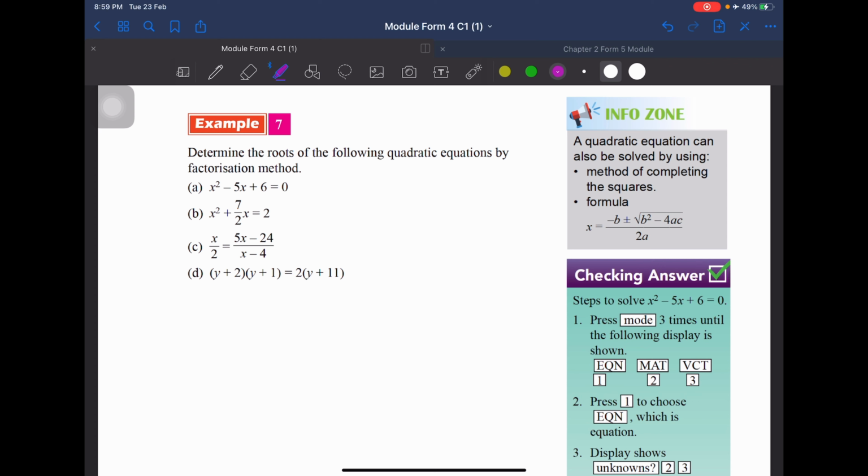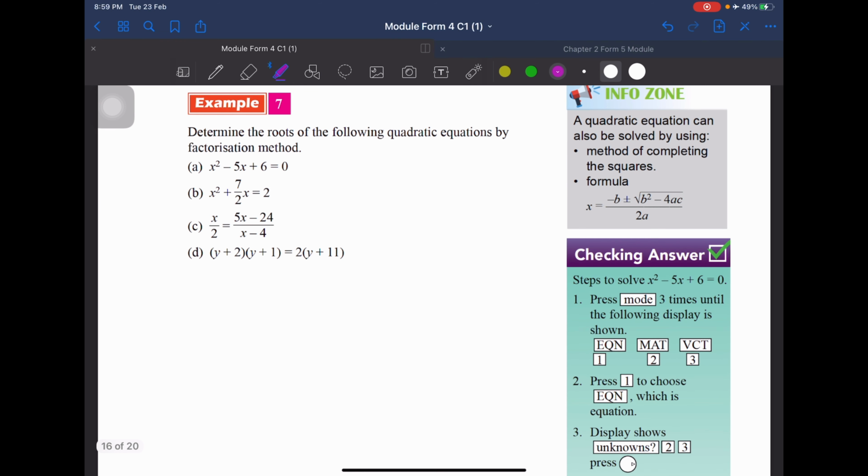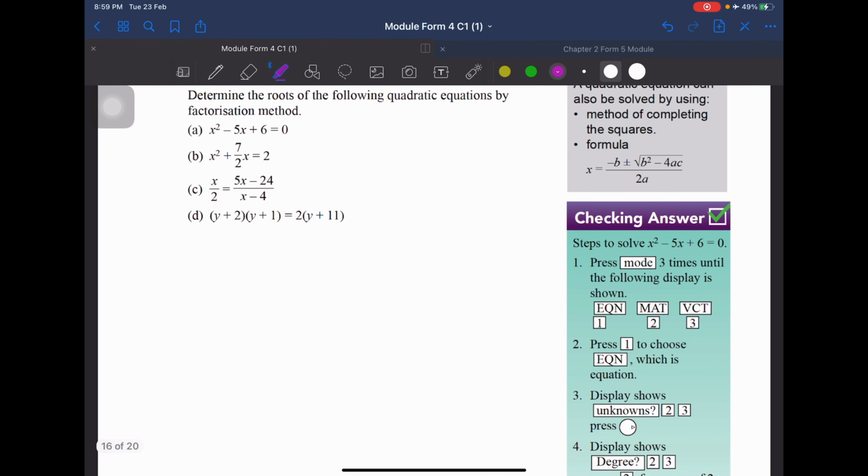Determine the roots of the following quadratic equation by factorization method. So I'm going to recall back what you have learned in Form 2. Let's try the first example.